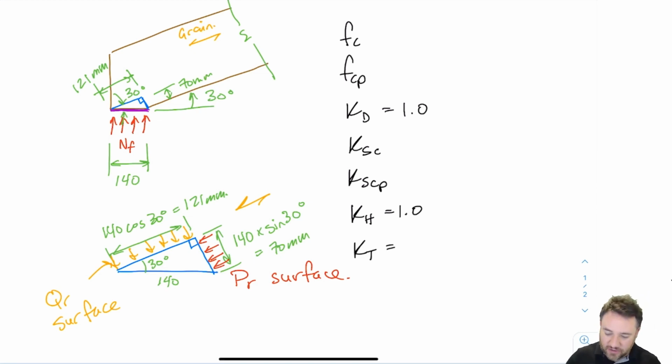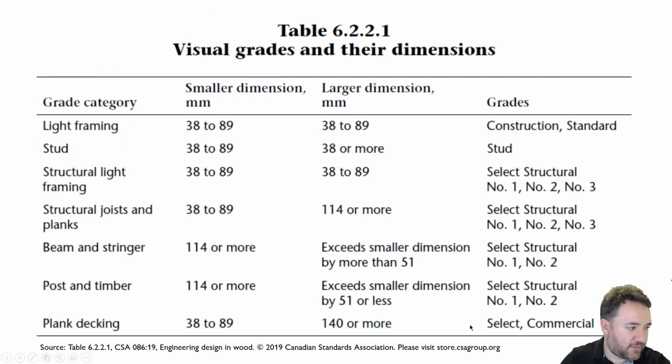Okay, so let's find all these things, FC and FCP. So it's a 38 by 235. Let me just bring up the table of strengths. We are talking about lumber. So if I go to the lumber table, first I need to figure out my grade category. It's a 38 by 235, so it's structural joist and plank.